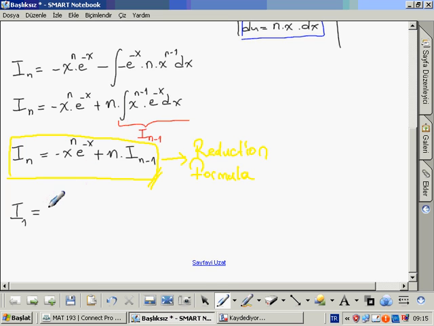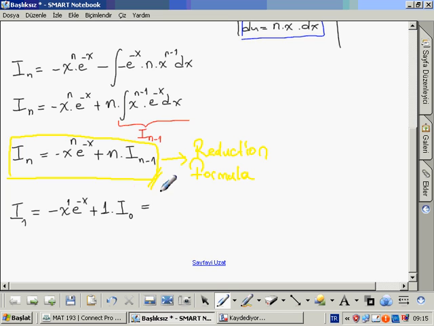I sub 1 is equal to minus x to the 1 e to the minus x plus, n times n is 1 of course, I sub 0.